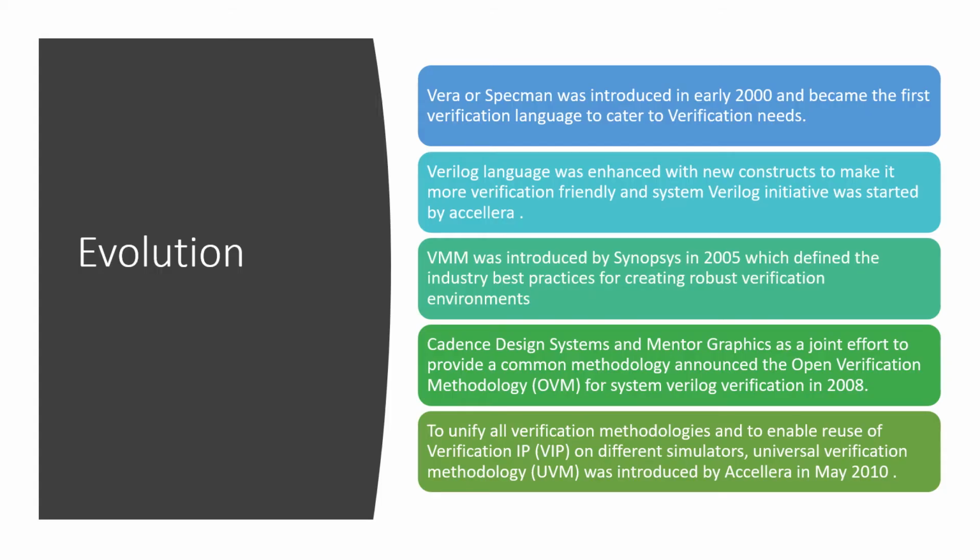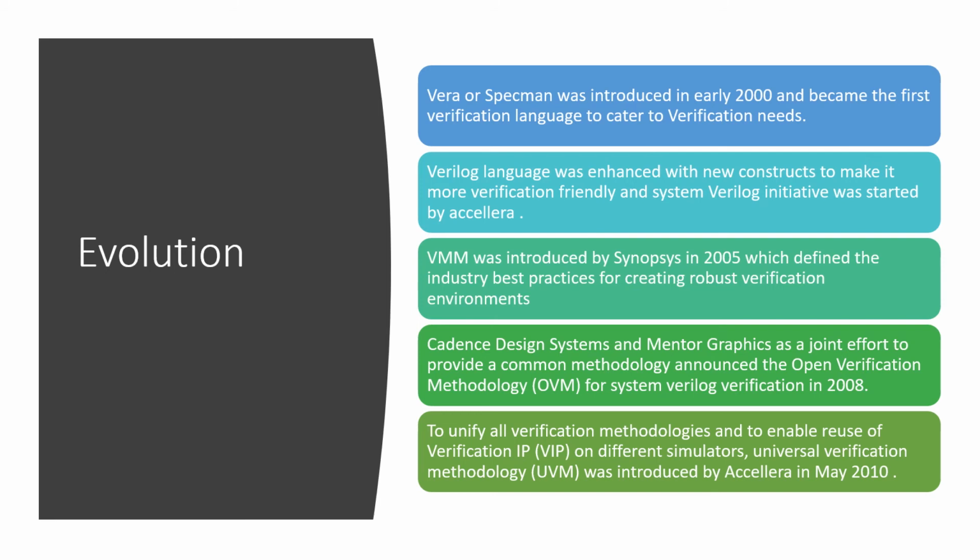This slide basically gives you a gist of what I discussed in the previous slide. Vera or Specman was introduced in the early 2000s and became the first verification language to cater to verification needs. Verilog was enhanced with new constructs to make it more verification friendly, and the SystemVerilog initiative was started by Accellera.